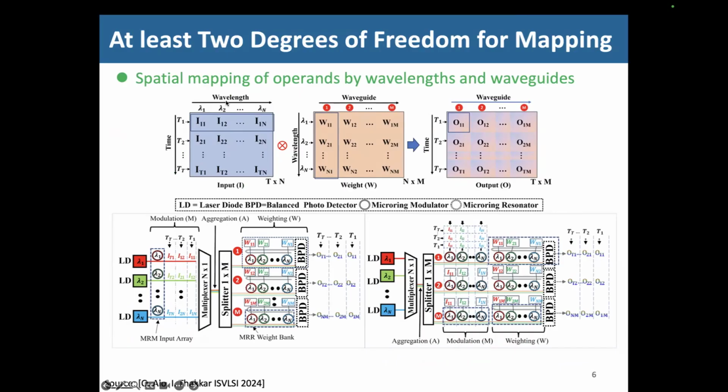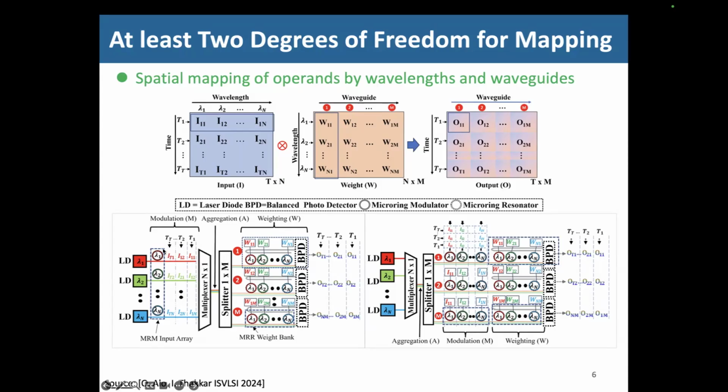So you have 2 degrees of freedom for spatially mapping these computations. And we can arrange, I've shown microring based, so we can arrange the microrings in 2 different ways at least. There are some more ways we'll talk about later.